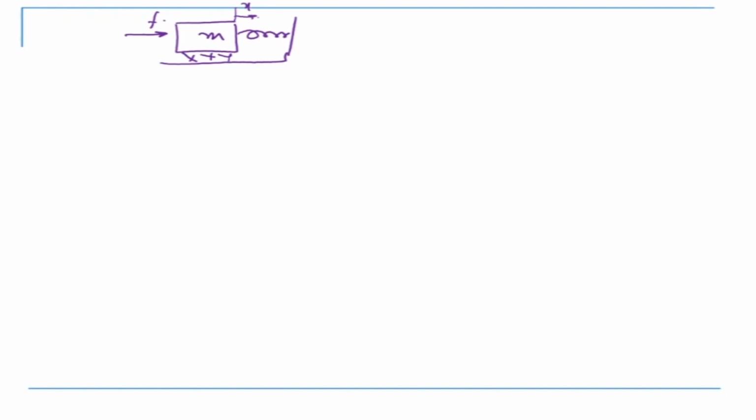So if I draw the free body diagram of this and write F is equal to m x double dot plus b x dot plus kx, this is the equation with the force.